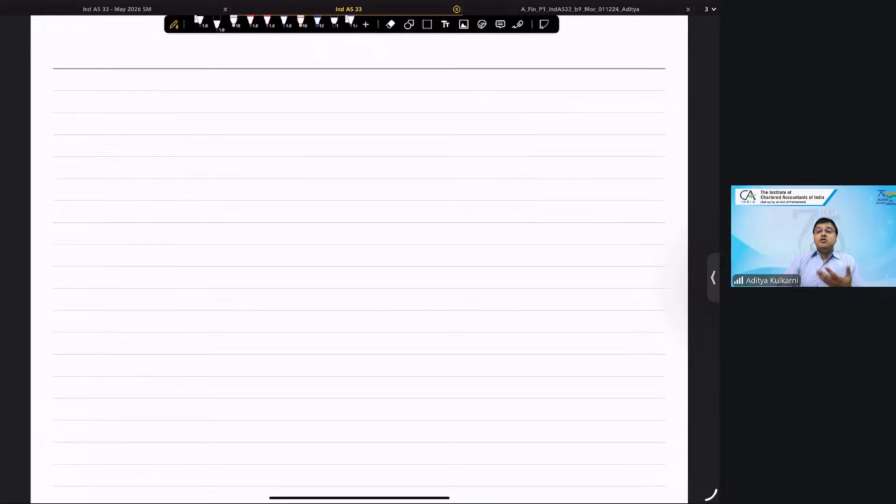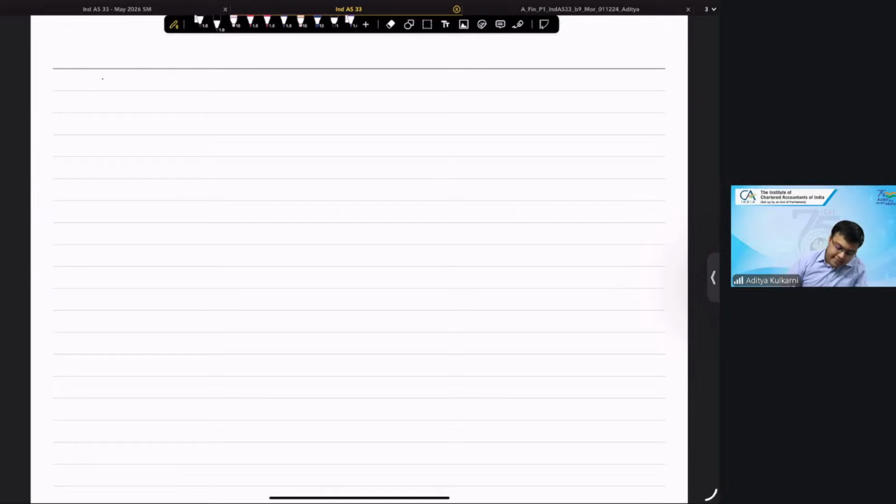Let us assume that 55,000 is notionally distributed, assuming that the profit for each ordinary share is rupees X. That much he will get.